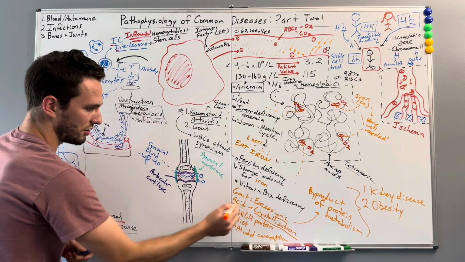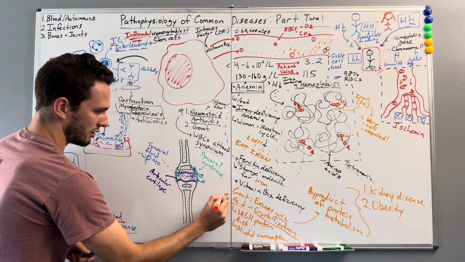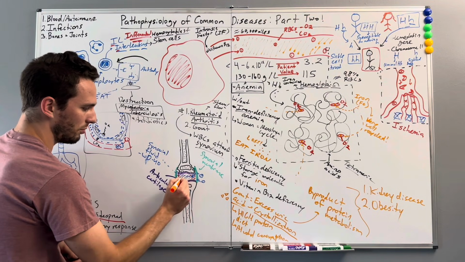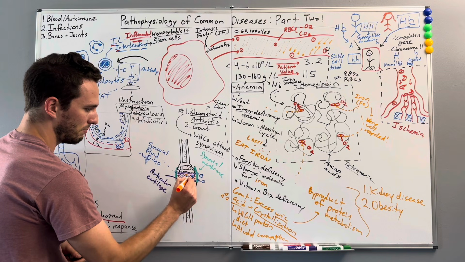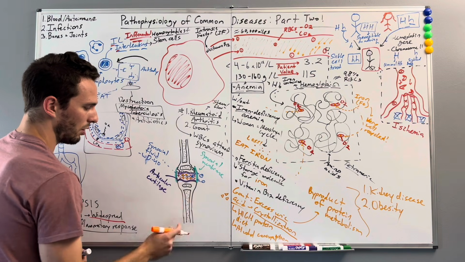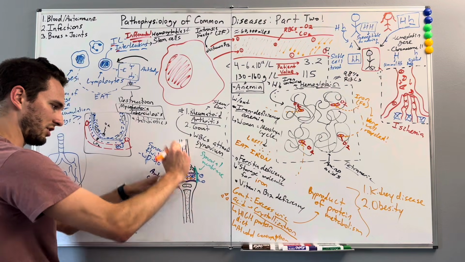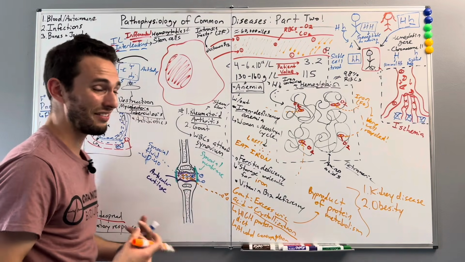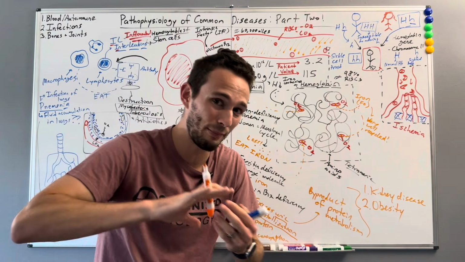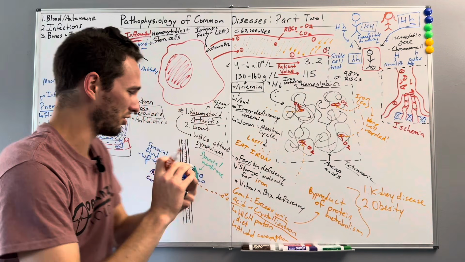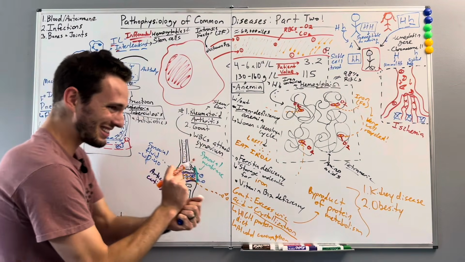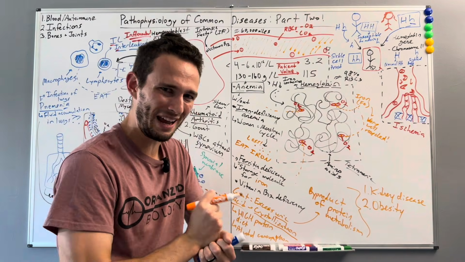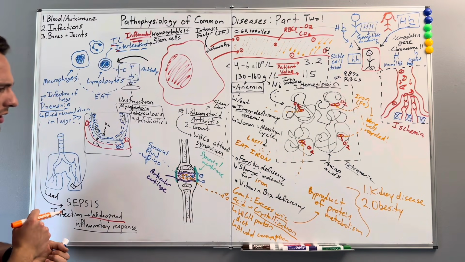So I'm going to draw this uric acid just as triangles here. And they can accumulate in the space between the bones, called joints. That's what a joint is, right? Space between the bones. So those uric acid crystals can accumulate there, and obviously that's going to cause some pain because you're putting pressure on those joints, and if there are sharp crystals there, it's going to feel like a sharp pain whenever you're putting pressure on those joints.